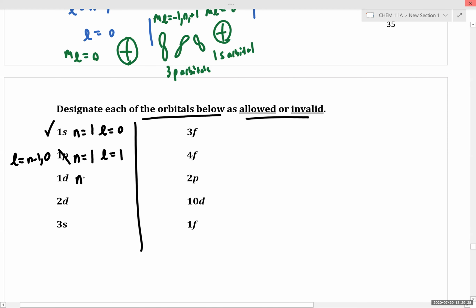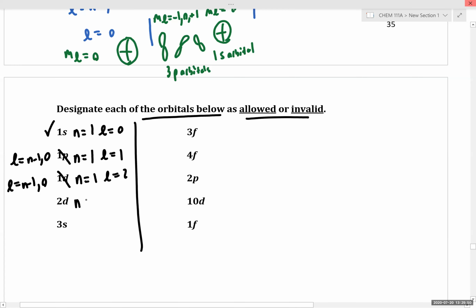A 1D, that's n equals 1, L equals 2. If L is equal to n minus 1 to 0, is a 1D orbital allowed? No. So let's cross it out.